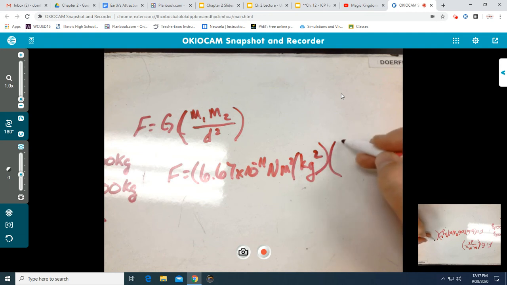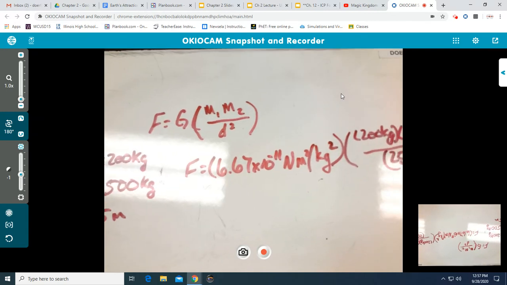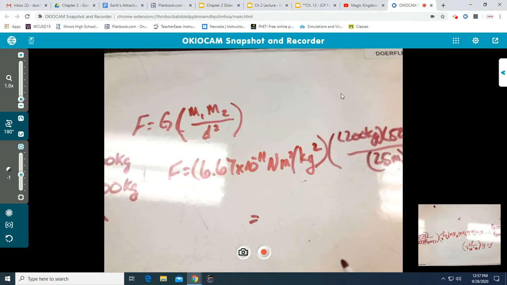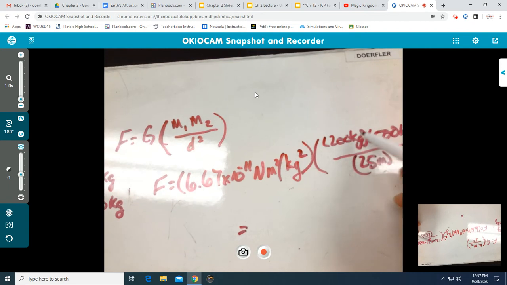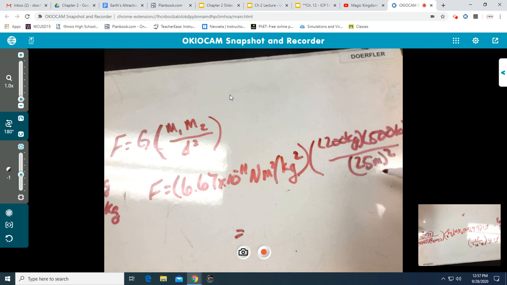Then we multiply our mass 1, which is 200 kilograms, multiplied by 500 kilograms, divided by 25 meters squared. What I recommend you do is multiply these two first, the 200 multiplied by 500, hit the equals button, then divide by what you get for 25 squared.